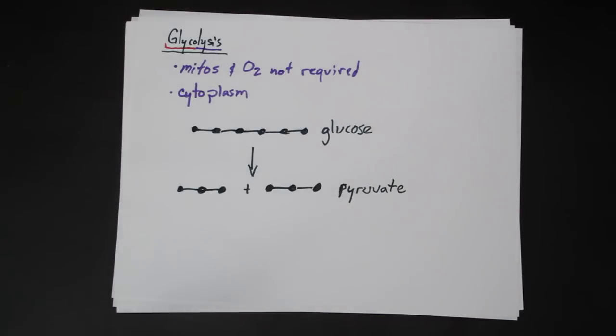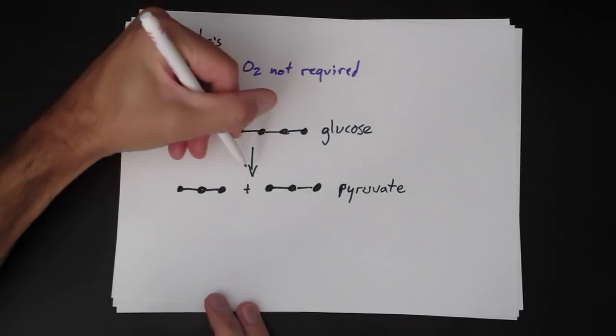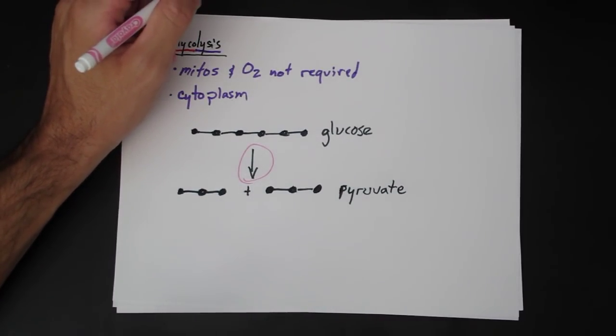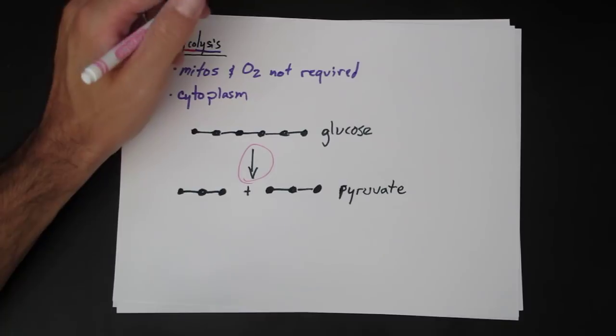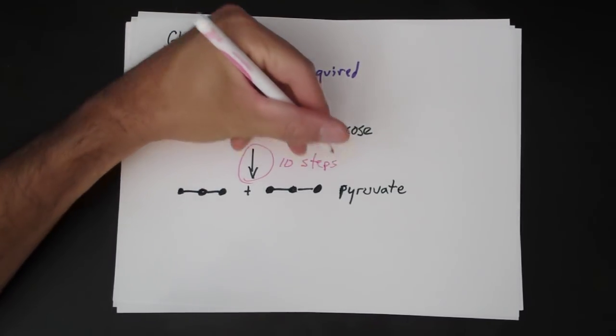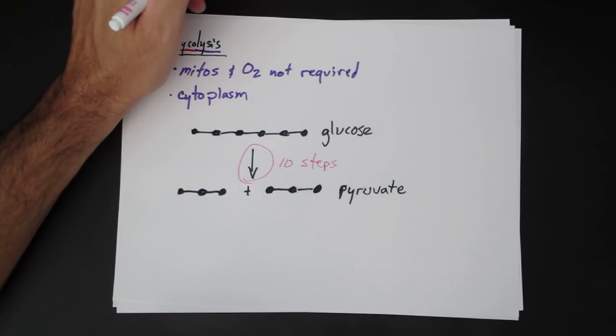Right? Now, this arrow that I've drawn right here, this is actually condensing 10 different biochemical steps. Right? So there are 10 steps here. We're going to talk about one of them specifically in a little while, but I don't really want you to memorize all 10 steps.